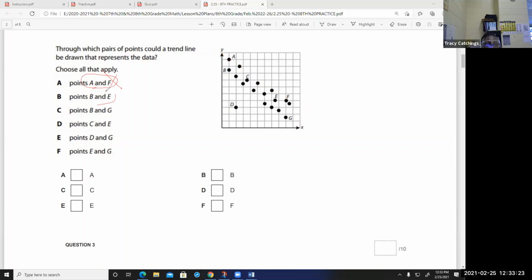All right, next they said B and E. All right, what about if it looked like that? Yes, it looks like it's about halfway.